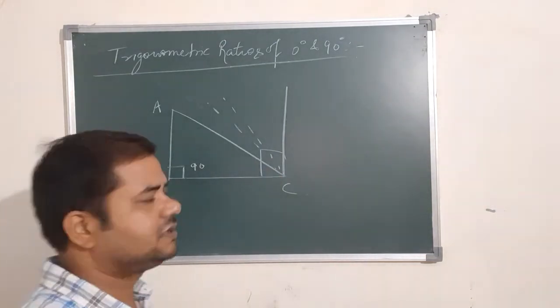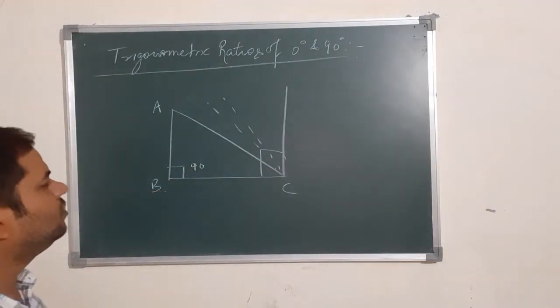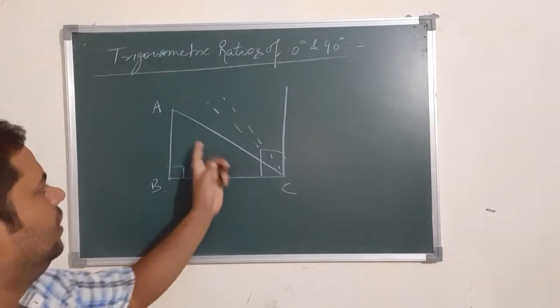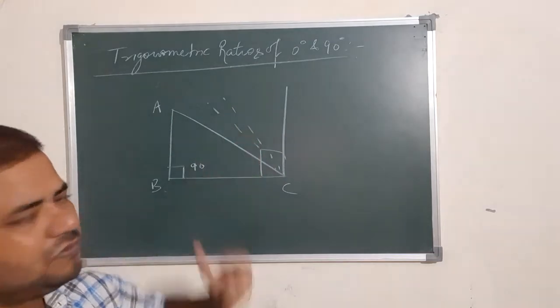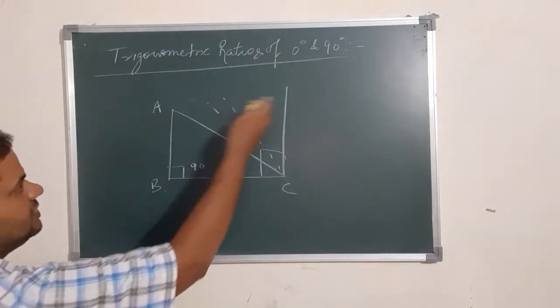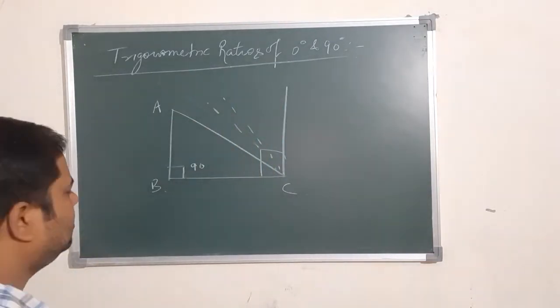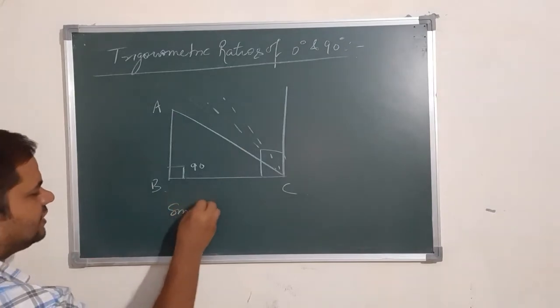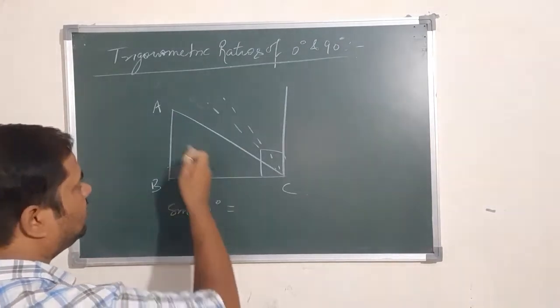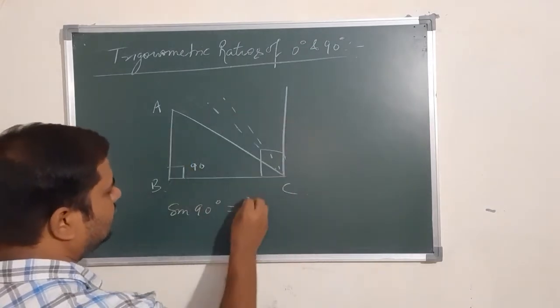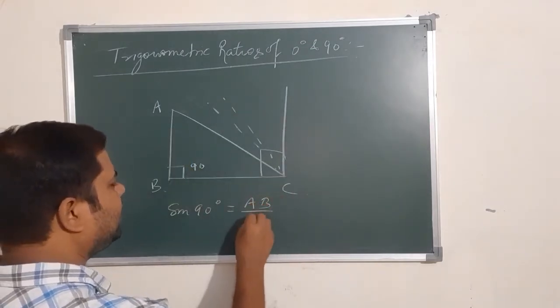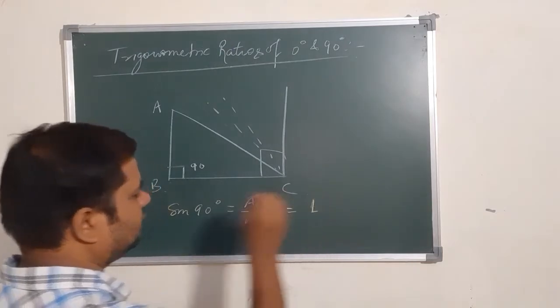So AB is equal to AC, understood? So if we find sine 90, this is perpendicular upon hypotenuse, so AB is equal to AC, then AB upon AB only, this is 1.